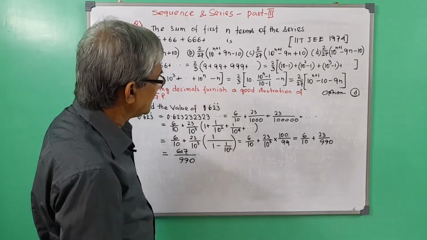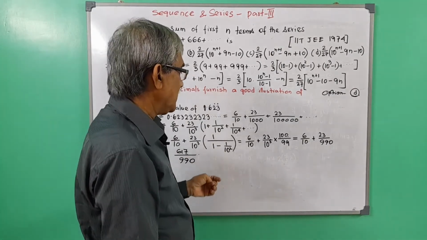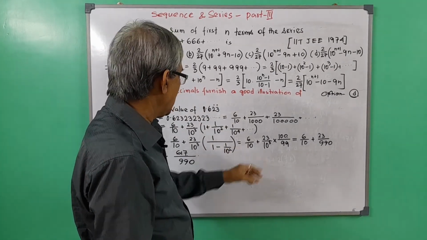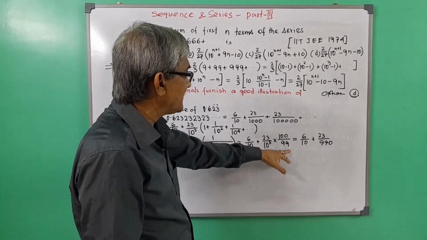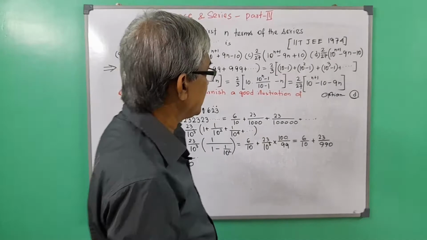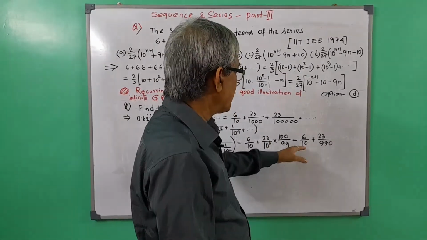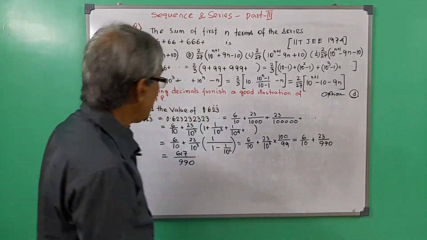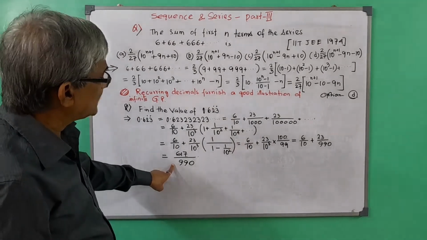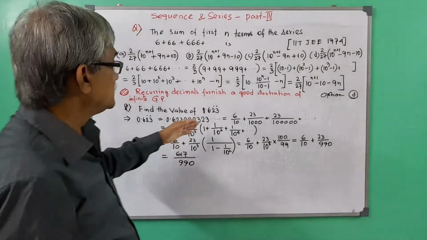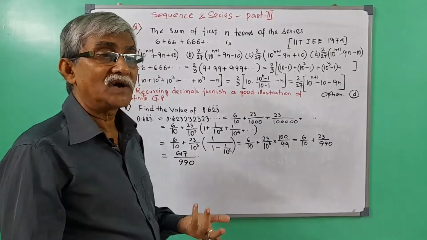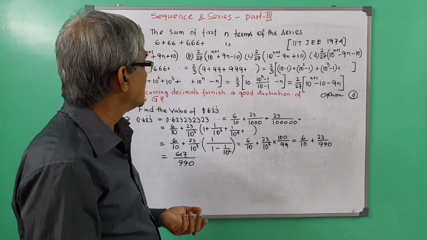So 1 minus 1/100, that is 1/10 square. So this way it becomes 6/10 plus 23 by 10 cube into 100 by 99, simply by solving. Then you just simplify it, 6 by 10 plus 23 by 990, and this way it becomes 617 by 990. That is tallying with the answer if you solve it arithmetically, that you have already done in your earlier classes.